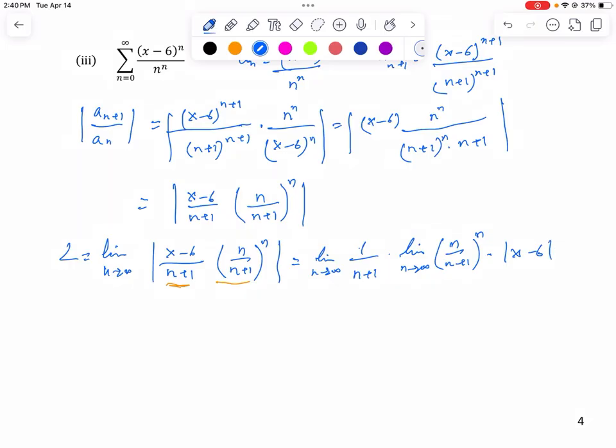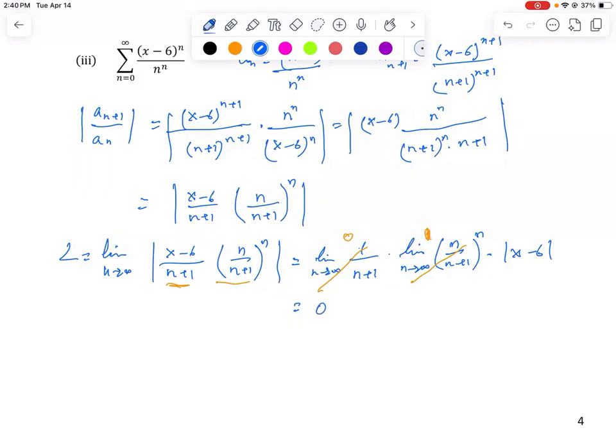But now notice here, this limit goes to 1, so we are getting 1 raised to the power infinity, which is 1. And then the other one, this goes to 0. So no matter what we have here, everything will give us 0.